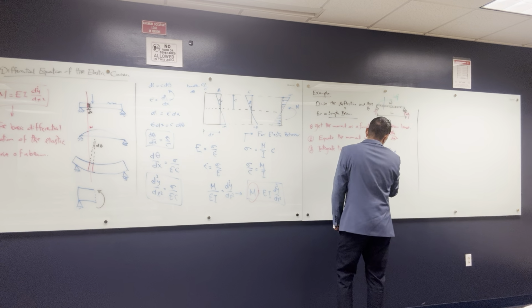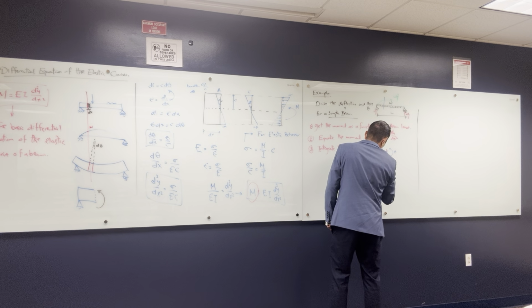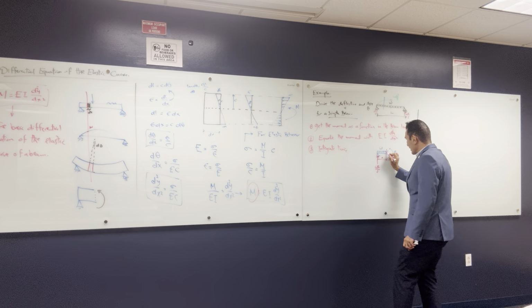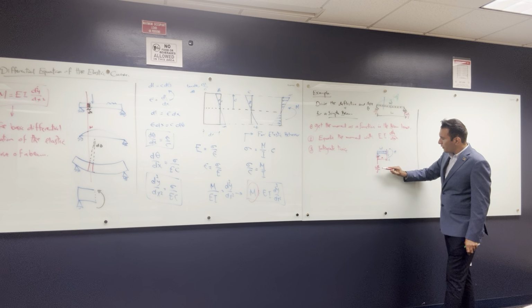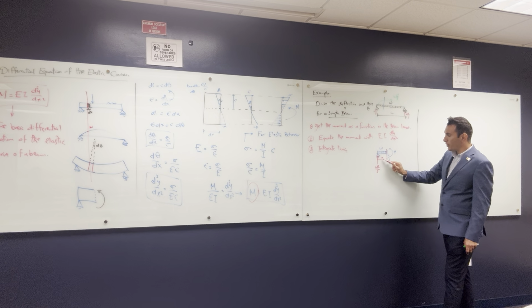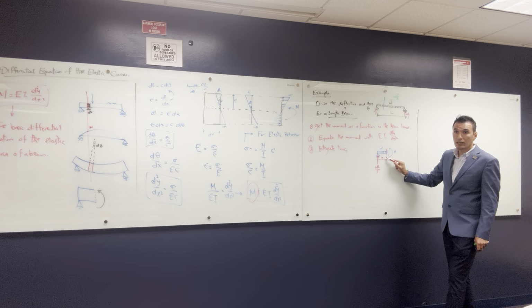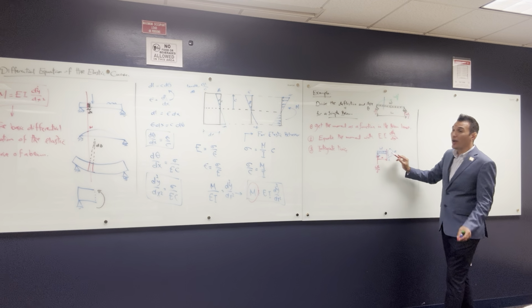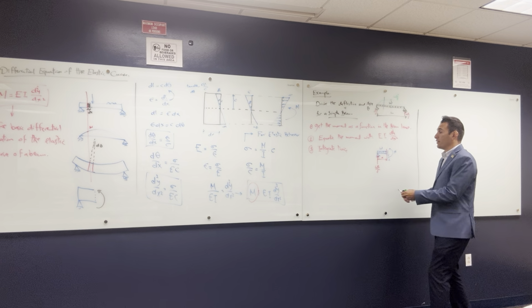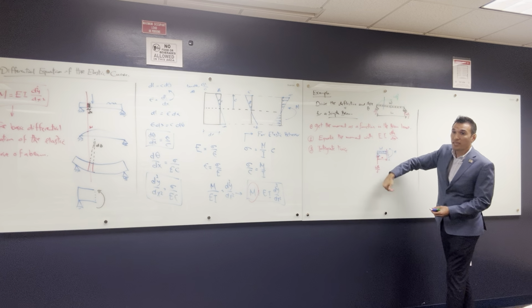And if I want to get the moment here, it's going to be WL over 2 multiplied by x, and it's positive, minus W multiplied by x over 2, right? To get the bending moment at this cross section. So you have two forces. The reaction is making moment like this, and the load is making moment like this.